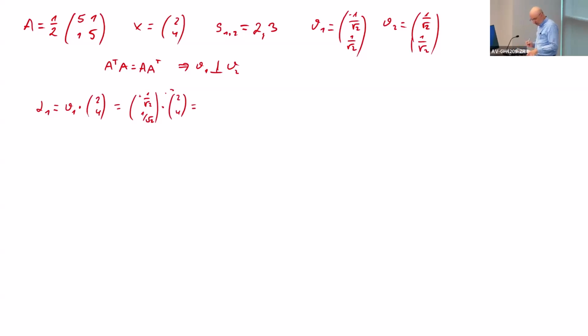If you compute that, you get 2 divided by square root of 2. For alpha 2, you're doing the same thing: V2 dot product with (2, 4), and what you'll get is 6 divided by square root of 2.